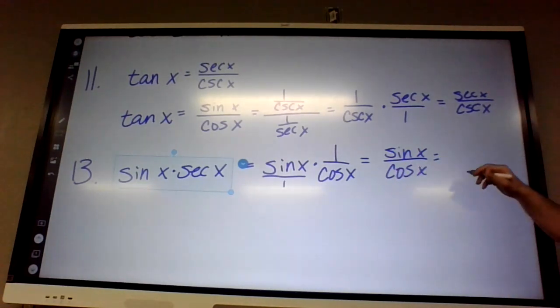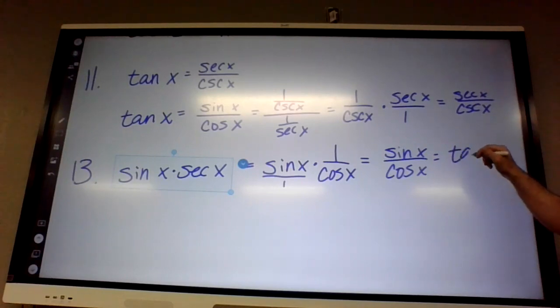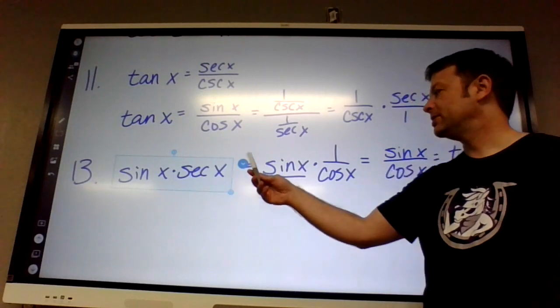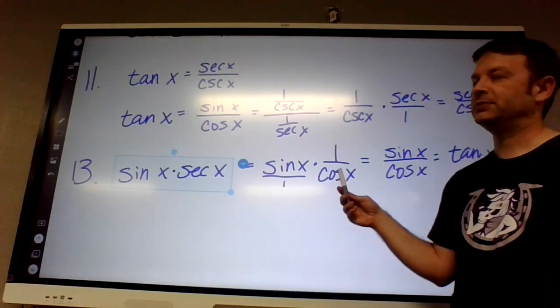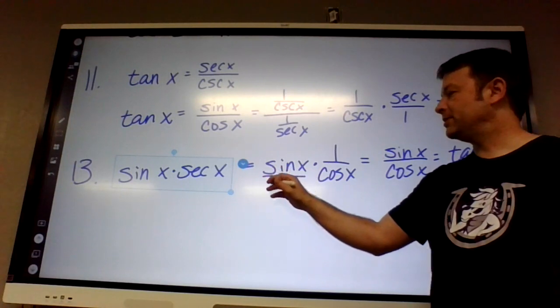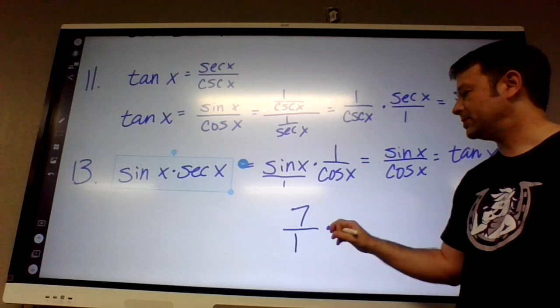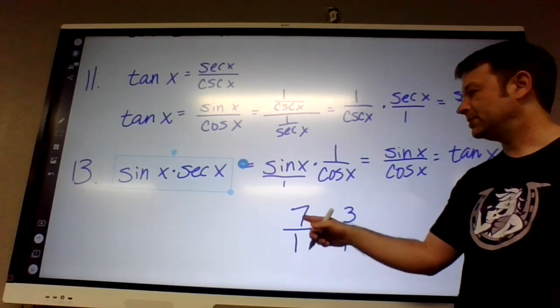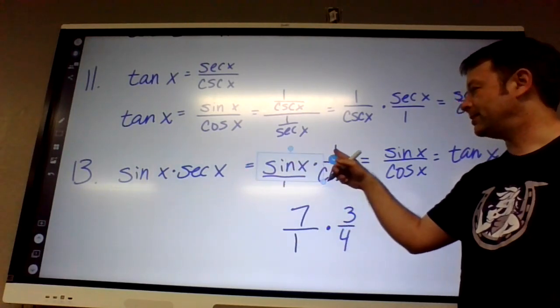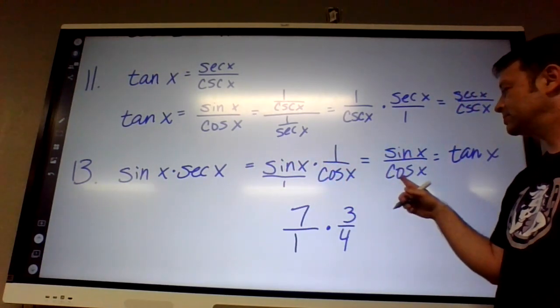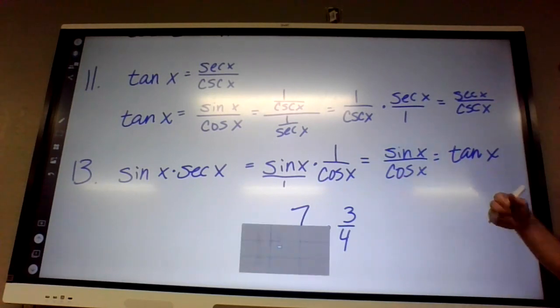Sine over cosine, which is tangent. Do you guys follow that? All I did was turn secant into 1 over cosine. And remember, if you're multiplying by 7, you can just change it to 7 over 1. If you want to multiply by a fraction, you just put it over 1. So sine times 1 is sine, 1 times cosine is cosine, and that equals tangent.